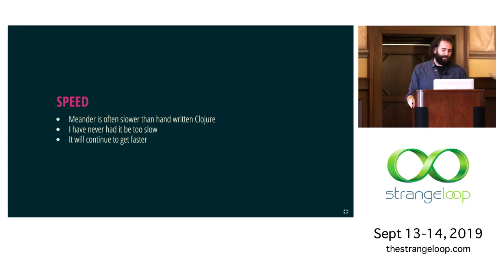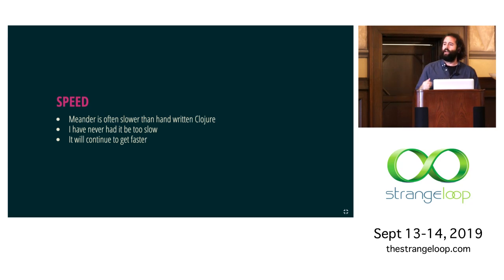But oftentimes, we're kind of bad at generating code that's fast. But I've never personally had it be too slow for the sort of problem I'm solving. And if I have, maybe once, I've gone and changed a line of code in our compiler, and it makes it a lot better. But it's going to continue to get faster because we haven't been focused on this.